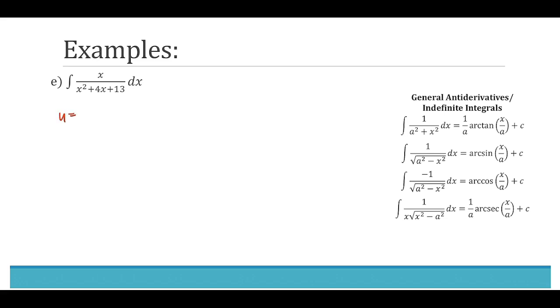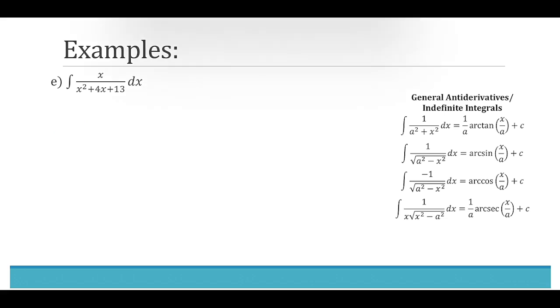I would try maybe u equals x squared plus 4x plus 13, the entire denominator, and I'd get du equals 2x plus 4. I don't have that in the numerator, so this is not going to work out. So I'm going to go ahead and erase it.